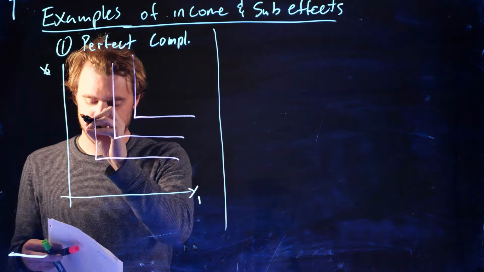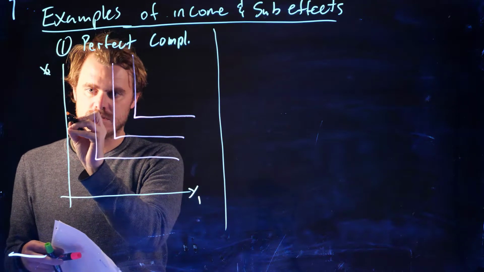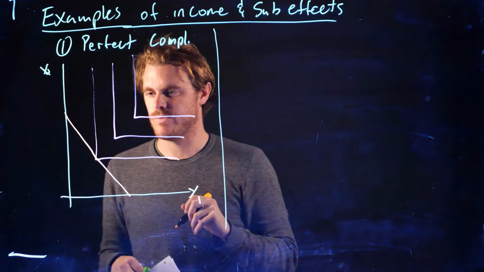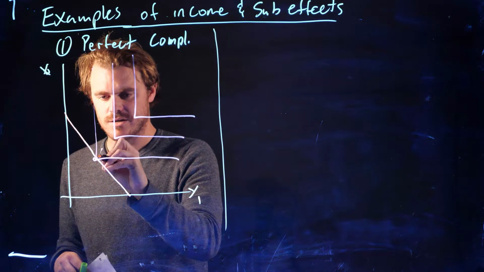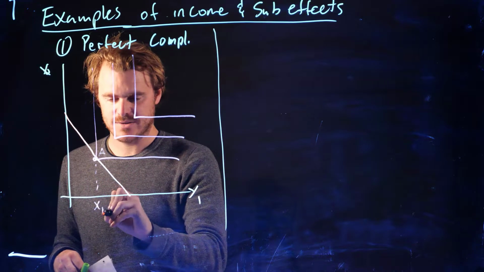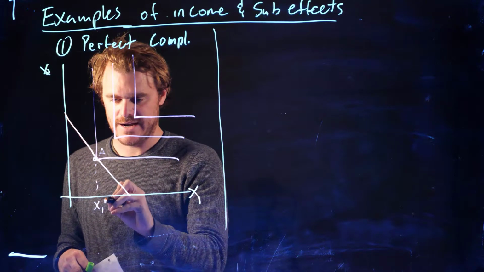Let's say that we started off here. Here's our original budget line, so this is our point A. With this much x1, so we call that x1 star.